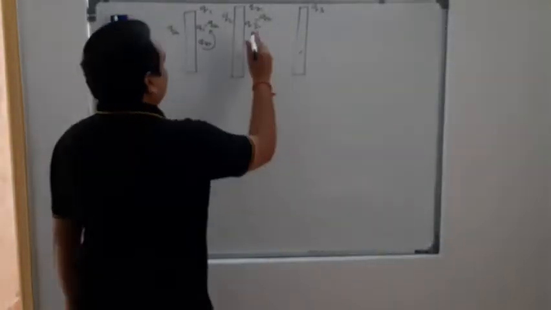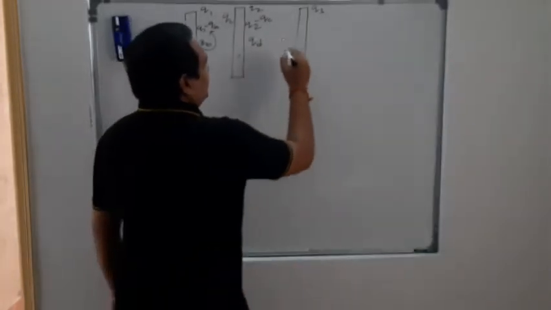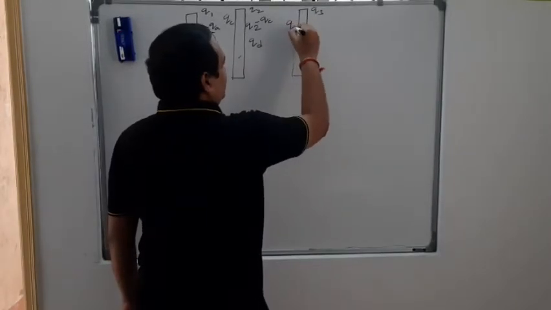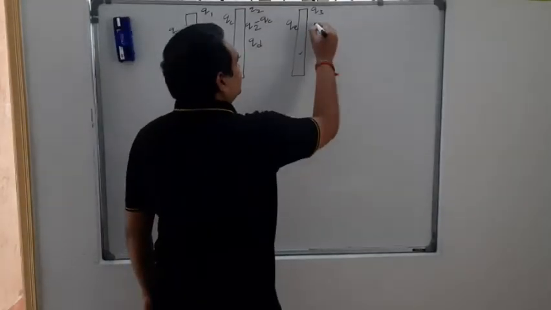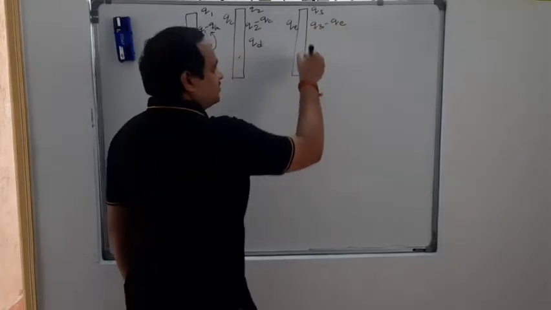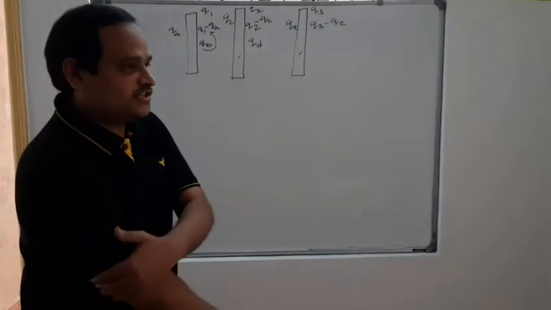And this Q2 minus QC I am taking as QD. Now from the Q3, let QE be distributed on the inner plate. The remaining charge, Q3 minus QE, will be induced on the outer plate.